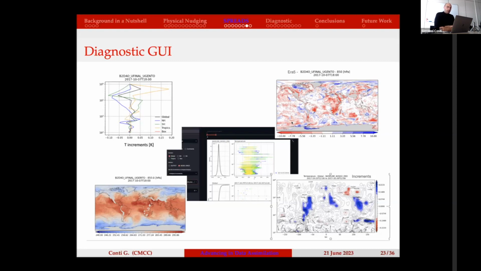And so we developed a diagnostic tool, a browser, that allows us to monitor completely, from model space to observation space, all the assimilation in an easy way. So we can handle hundreds of plots for all the different cycles and different assimilated variables.